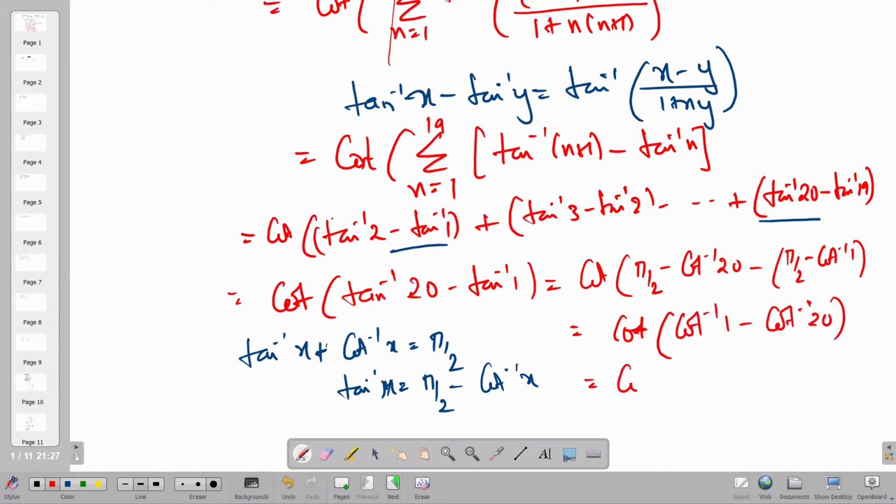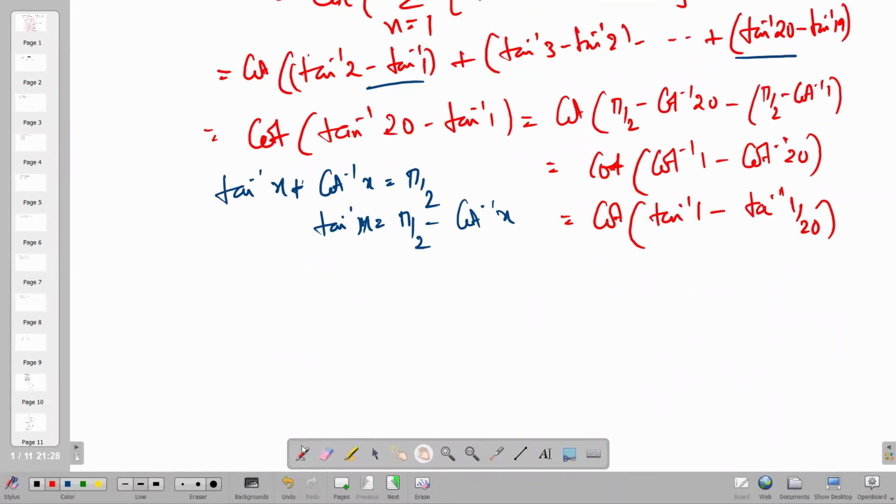And we reduce it into tan. So this is equal to tan inverse of 1 minus tan inverse of its reciprocal, that is 1 by 20. Again, using the identity tan inverse of x minus tan inverse of y, we can replace this by tan inverse of x minus y upon 1 plus x into y.